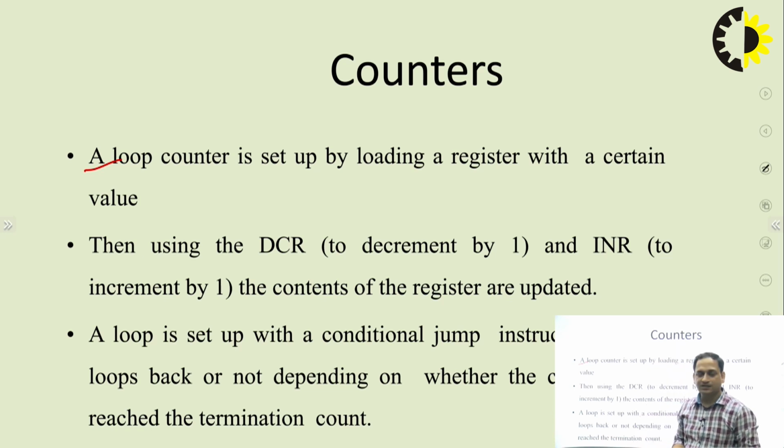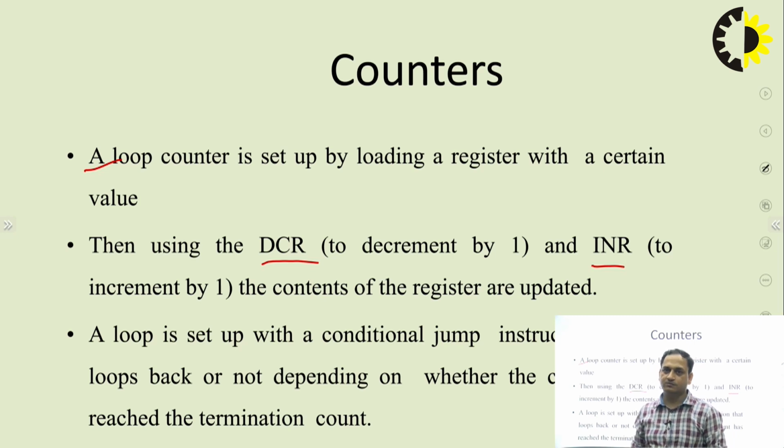When we give the numbers to the counters, this counting occurs by using two instructions. First one is DCR, which decrements the particular register by one, and INR, which increments the particular register value by 1. So the register value can be incremented or decremented using these two instructions, DCR and INR.